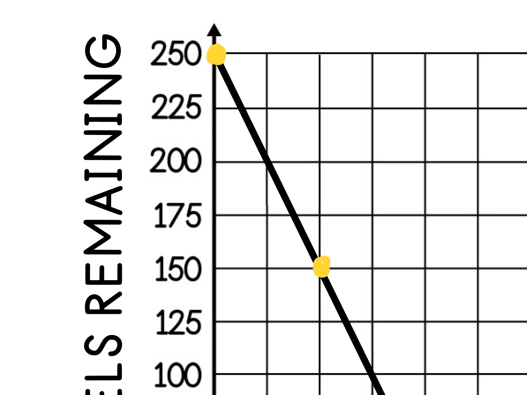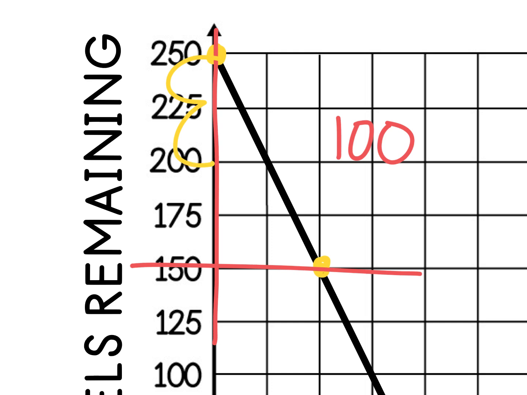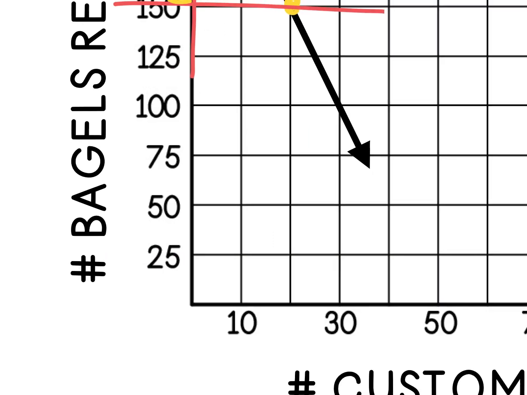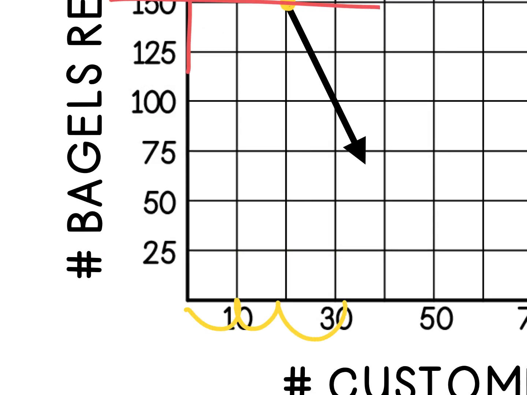So if you can identify things like that, you can do that as well. So vertical, horizontal, and we already said that this distance was 100. And then what is the run? What is the value it's counting by at the bottom? 10, 20, 30.